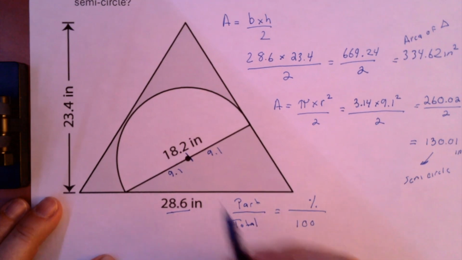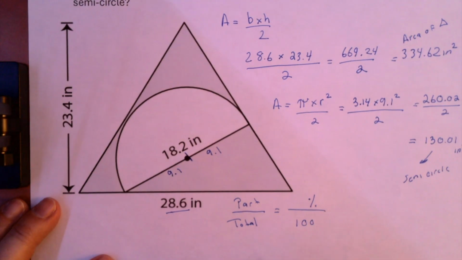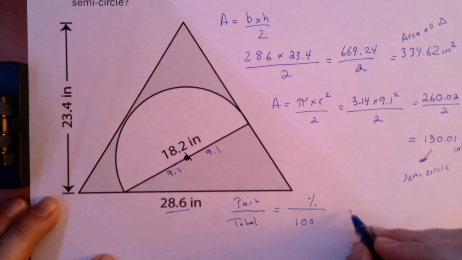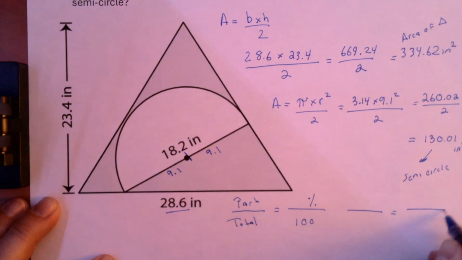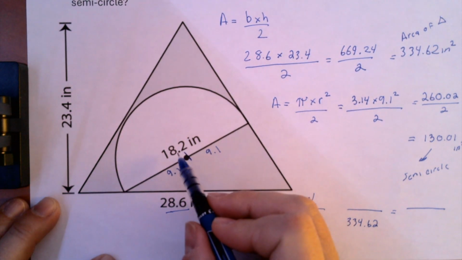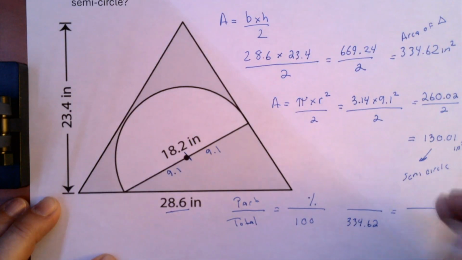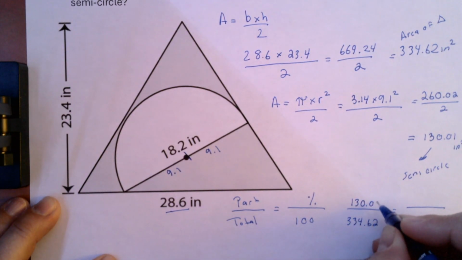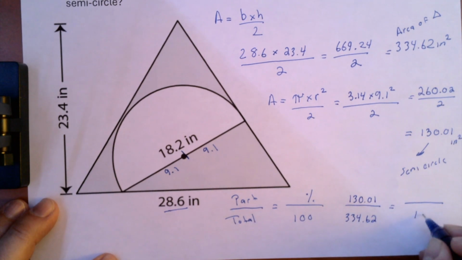I know the total area of the whole shape, which is the triangle, is 334.62, and the area of the semicircle is 130.01. And the 100 always goes here, and n goes here.